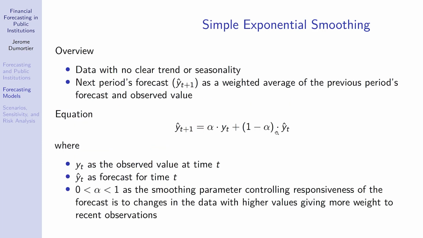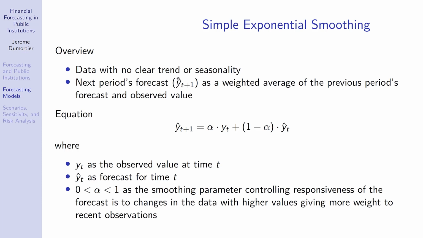Now, let us look at the simple exponential smoothing. A requirement for this method is that there is no clear trend and no seasonality. And note that the next period's forecast, which I denote ŷ t plus 1, is a weighted average of the previous period's forecast and the observed value.